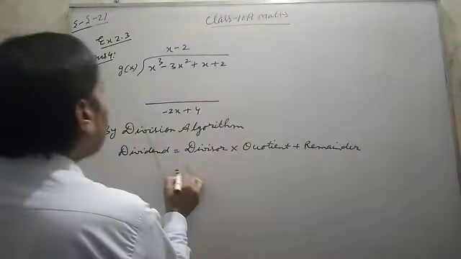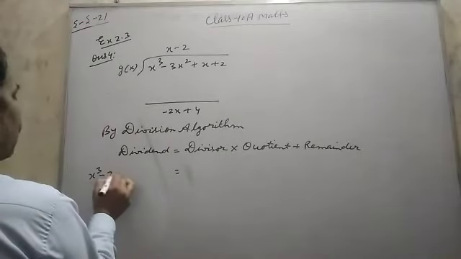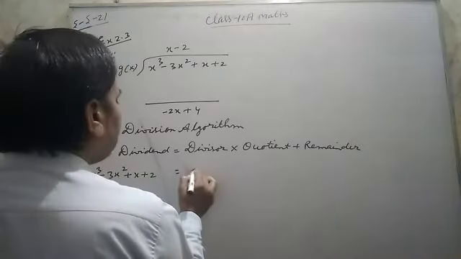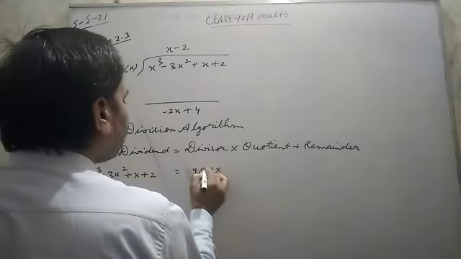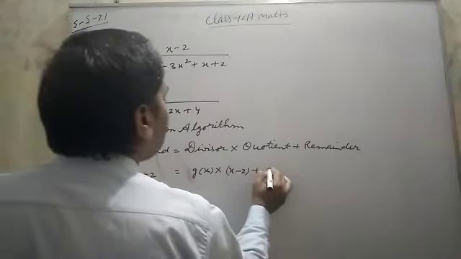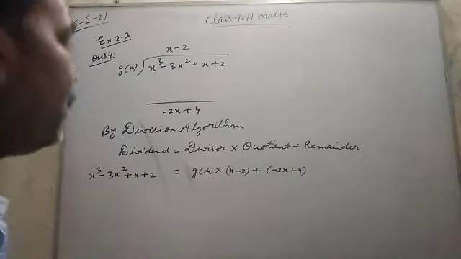So dividend is x cube minus 3x square plus x plus 2, divisor g(x) into quotient x minus 2, plus remainder minus 2x plus 4. So we have to find g(x).